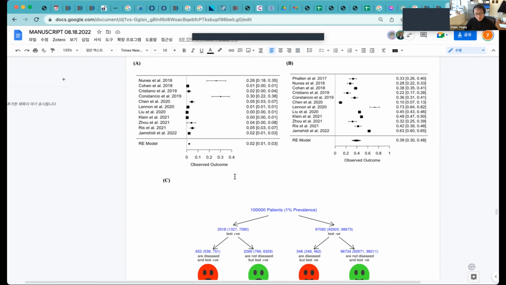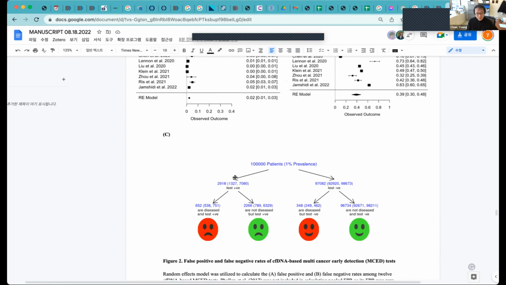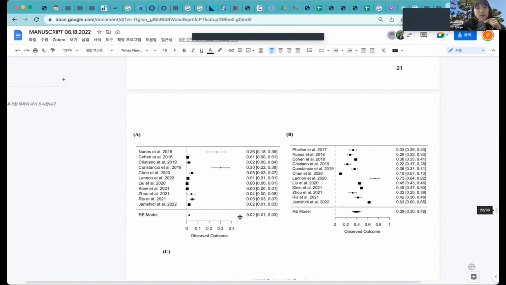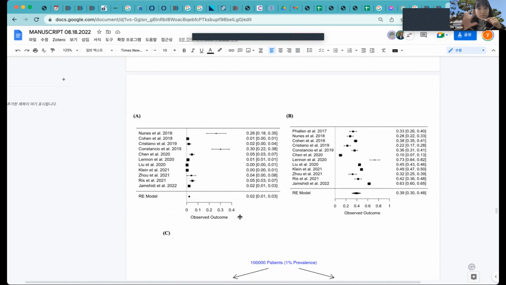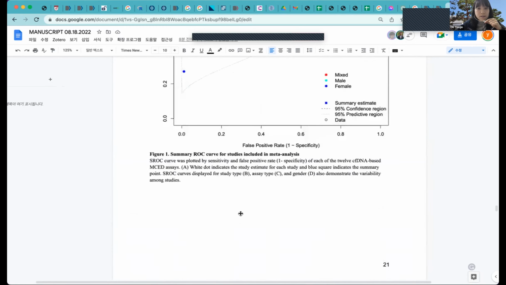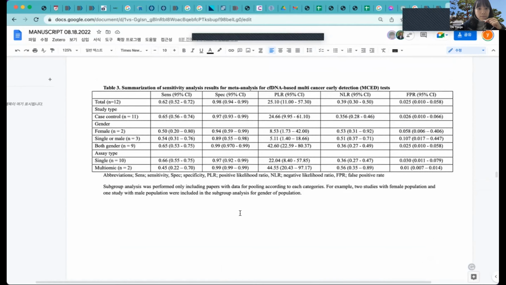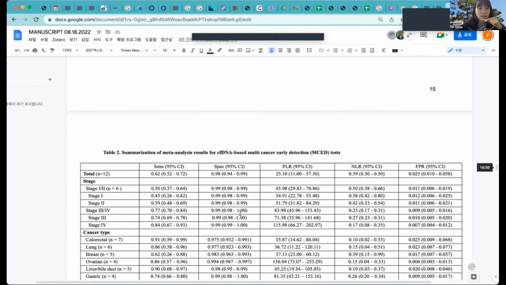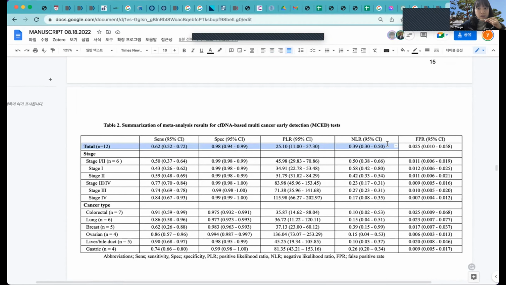So what about the sensitivity and specificity? Right, it's a different way to express the same thing, but for sensitivity and specificity, I summarized that into this table. This is actually the pooled value for each of the different parameters. FPR is here as well, and it's pretty similar to the ones below, about 2%.